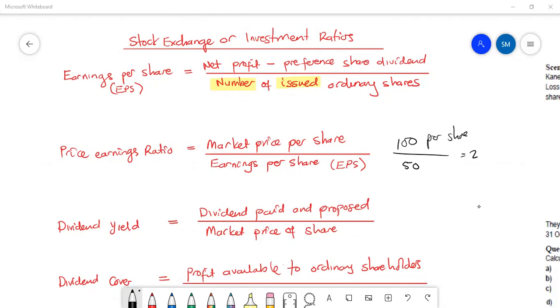A high price earnings ratio indicates expected future growth, or an overvalued share. A low price earnings ratio indicates poor performance or expected poor performance in the future, or an undervalued share.